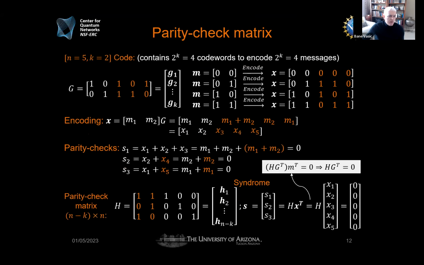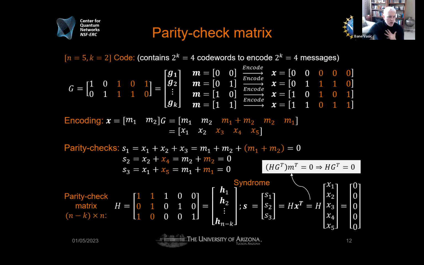So the first two bits in the code words are equal to the message bits, and the rest of the bits are obtained as some linear functions of these message bits. For this way of writing the generator matrix, we say that it is systematic. The generator matrix is given in a systematic form because this identity matrix is isolated here on the left.